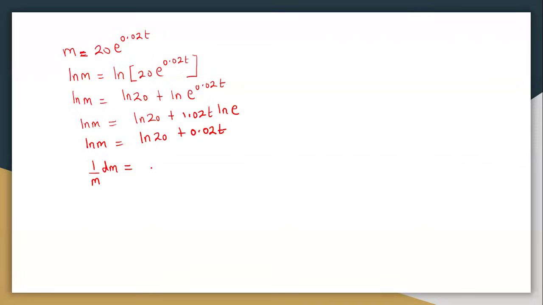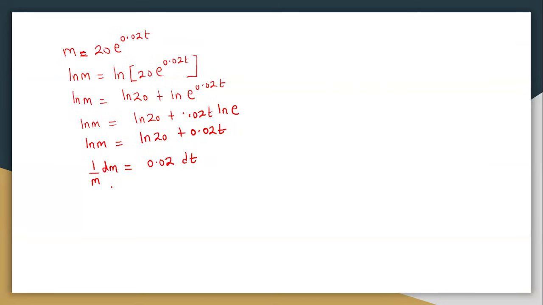You're very correct. I agree. Oh, okay. 0 plus, now when I differentiate 0.02t, I get 0.02 dt. So I'm going to divide by dt on both sides.